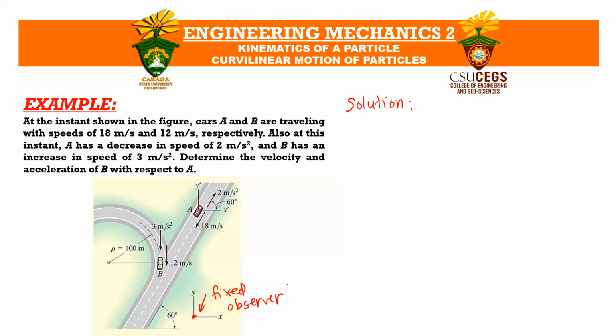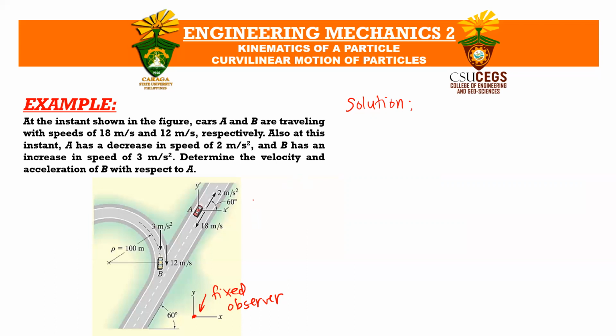So meaning is that from this origin or from this fixed reference frame, that is how you observe the motion of your car A or car B. Next, your second reference frame, which is usually denoted with a prime, is located onto the car A, which has the X prime and Y prime.